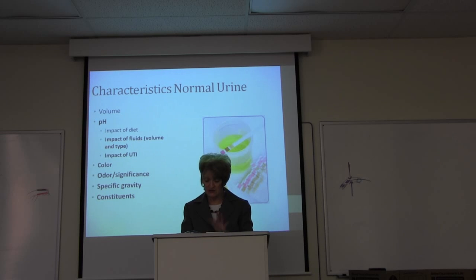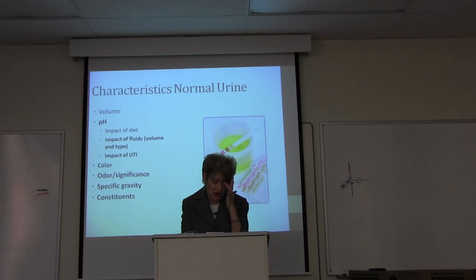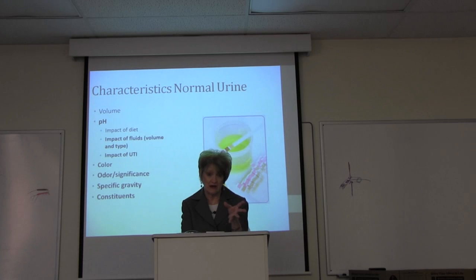Now, the first factor is diet, and actually you're going to pay the least attention to this one, because you don't ask a patient to change their diet from a vegetarian diet to a meat-based diet just because of urinary pH. I can't imagine doing that.